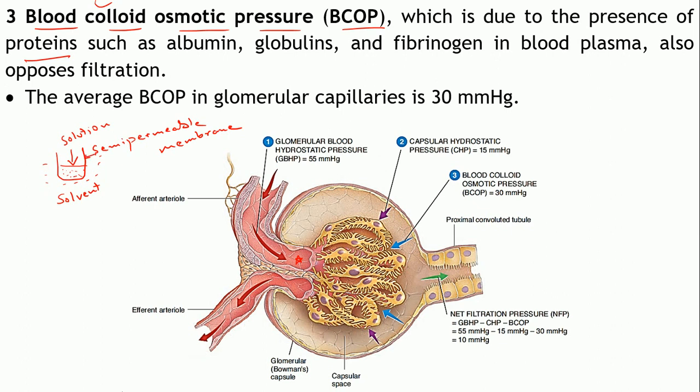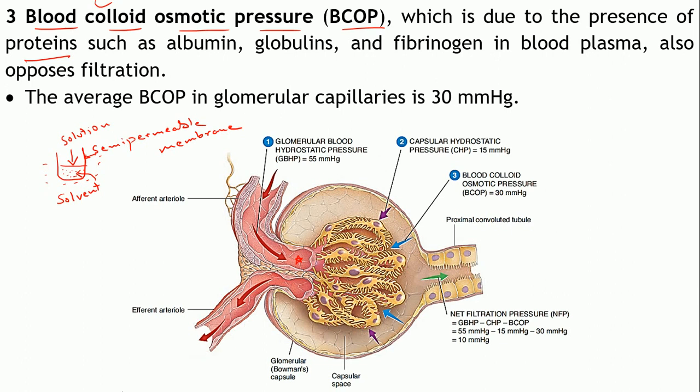What can happen over here? This contains dissolved solutes, so it acts as a colloid. Here there are no solutes, there is solvent only, and this is a semi-permeable membrane. So the solvent will move into this.